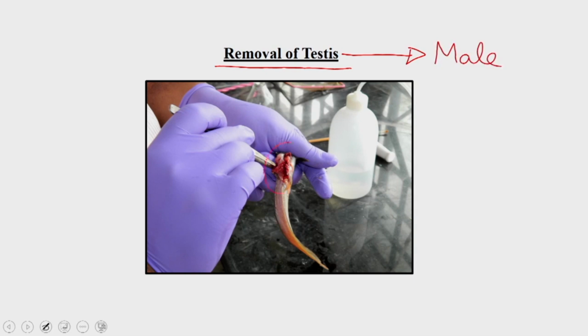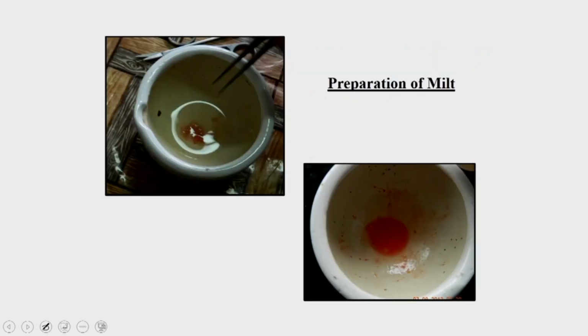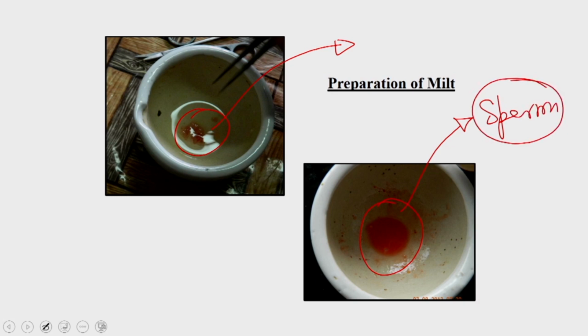Once you remove the testes, you can take them and prepare the milt. You can put them into the pestle and mortar, and it is going to give you a solution of the milt, and that milt is nothing but the sperm which is contained within the testes.